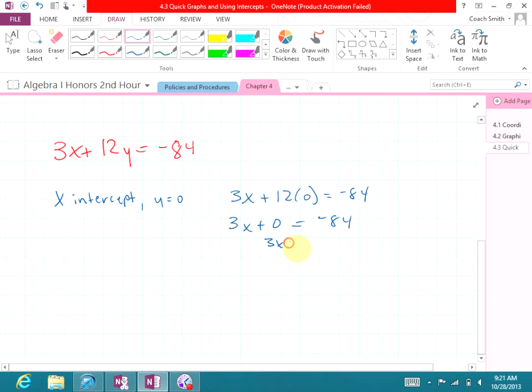So it's 3x equal negative 84. 3 goes into 3, cancels, 3 into 84 how many times? 28 times, so that'd be negative 28. So the x-intercept is equal to negative 28.